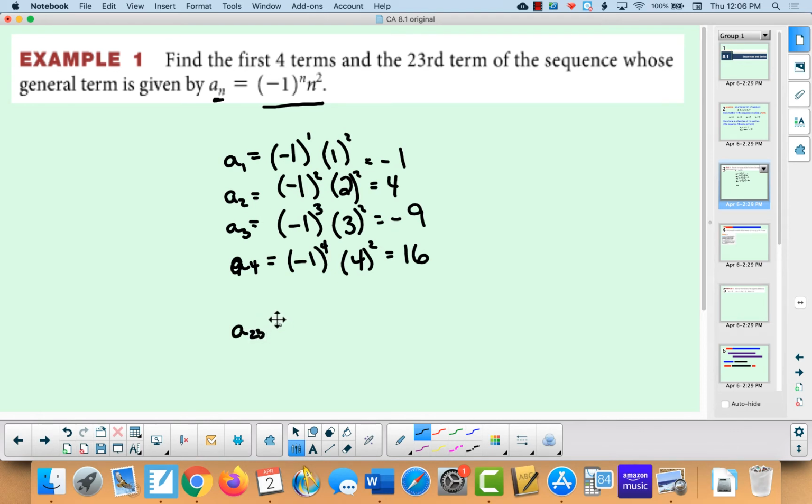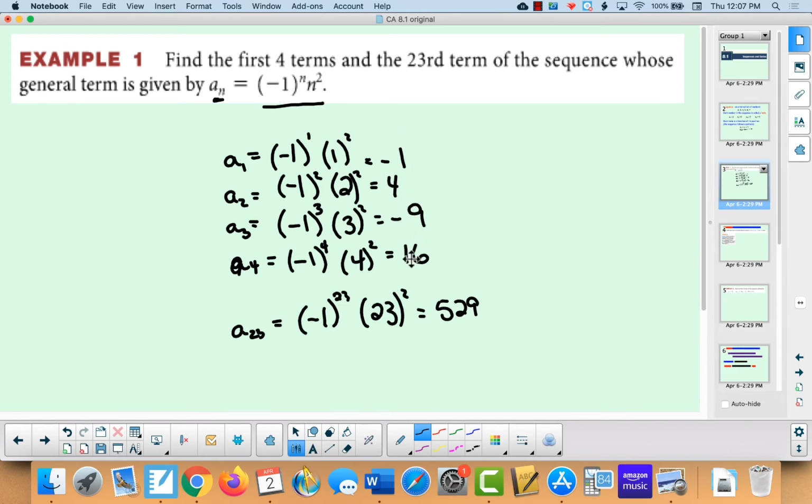To get the 23rd term, everywhere we see n in that formula, we plug in 23. And plugging that into the calculator gives us 529. So we can see the pattern of the answers we were getting here for the sequence.